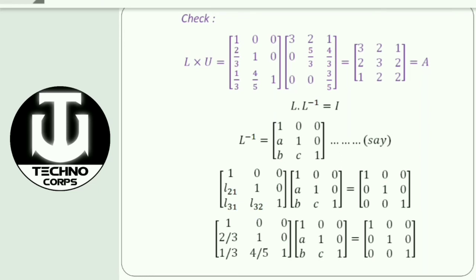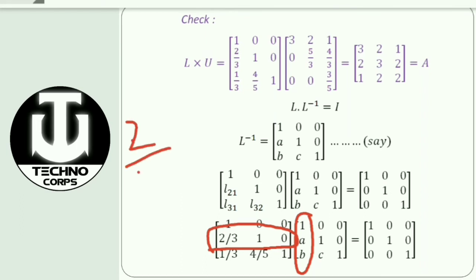Suppose I go for the product of this row with this column. What will be the answer? That will be 2 by 3 plus A plus 0.